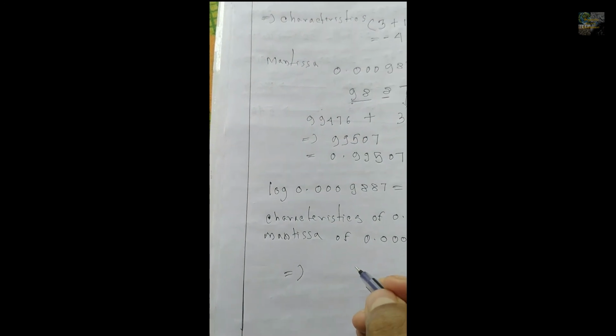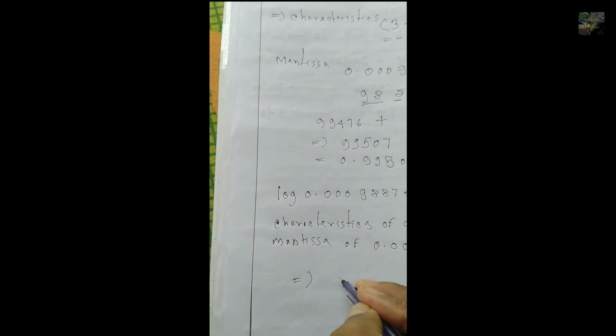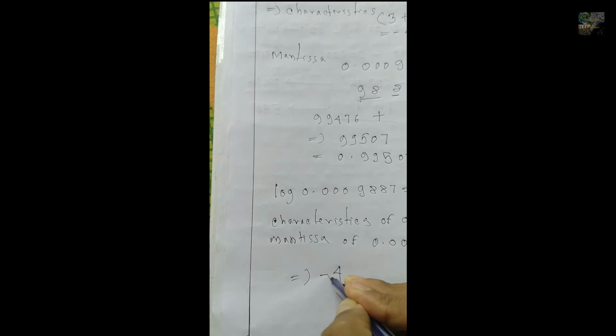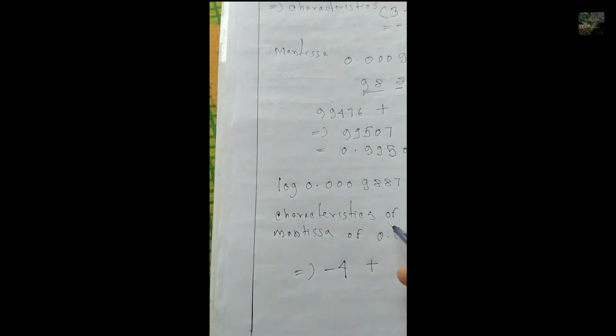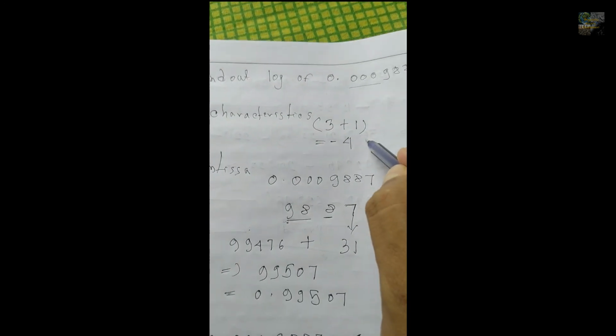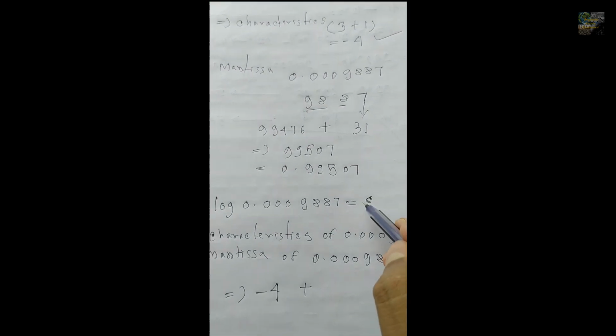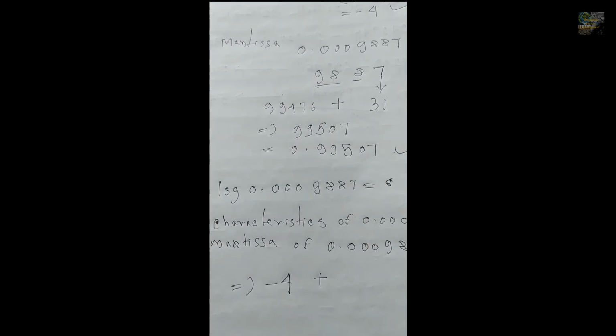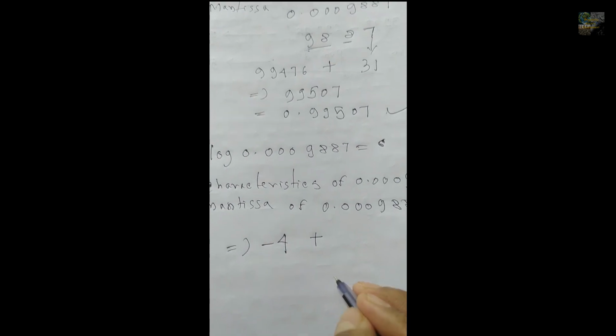Now I am inputting the values. Minus 4 is the characteristics, and the mantissa is 0.99507.